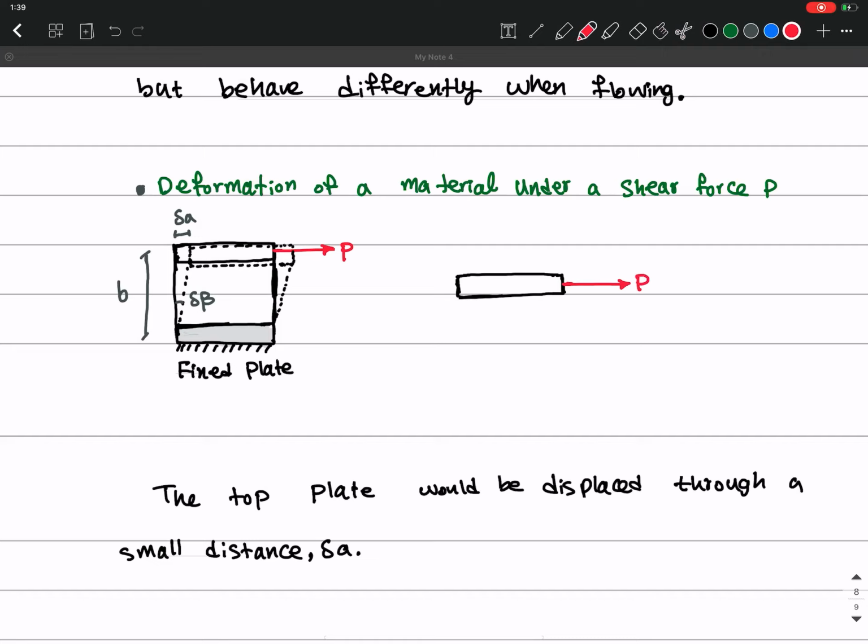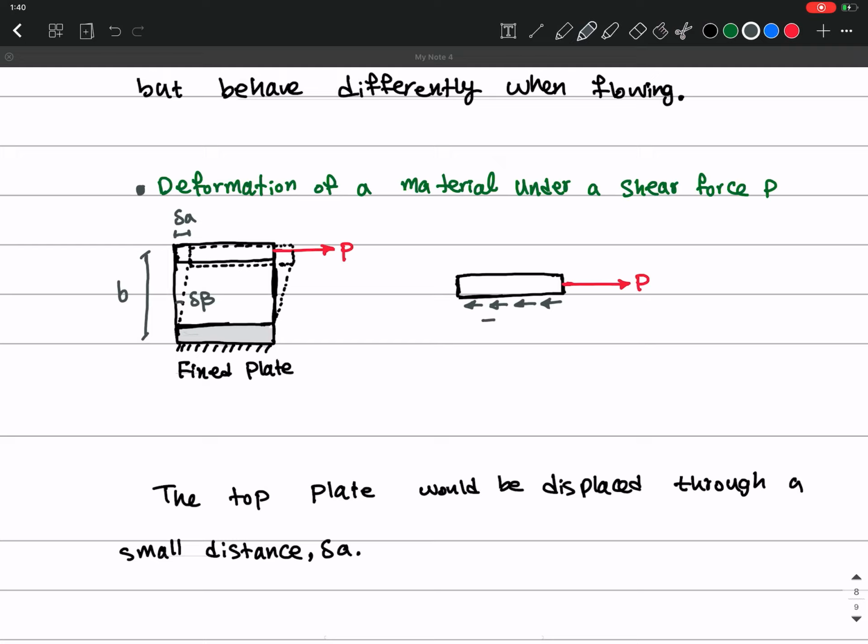And then how is it stopped? There should be other forces that resist and do not let this top plate move, right? And those forces are actually shear stresses that are resisting, right? So I'm going to have some small shear stress here through this material that is resisting against that exerted shear force on the top plate, right? This is for a solid material, okay?